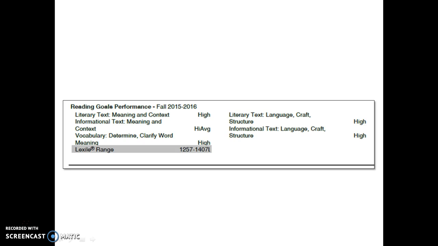He also has a Lexile range of 1257 to 1407. In 10th grade, which is this student's grade level, students in the 25th to 75th percentile have a Lexile level of 905 to 1195. So this student is outperforming many of the students in the reading level for his grade.